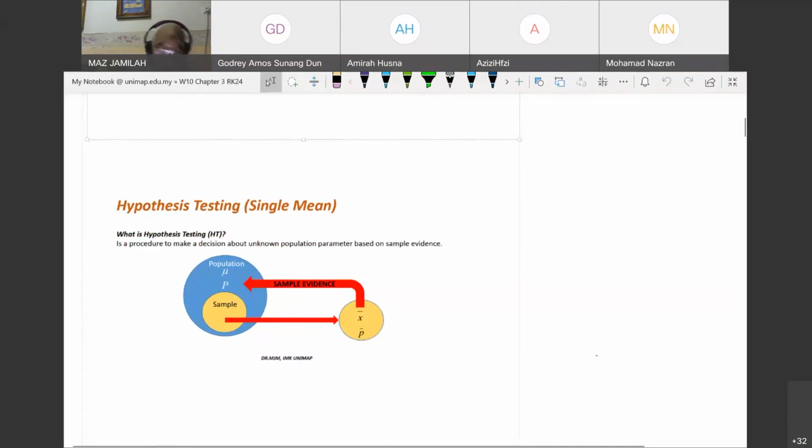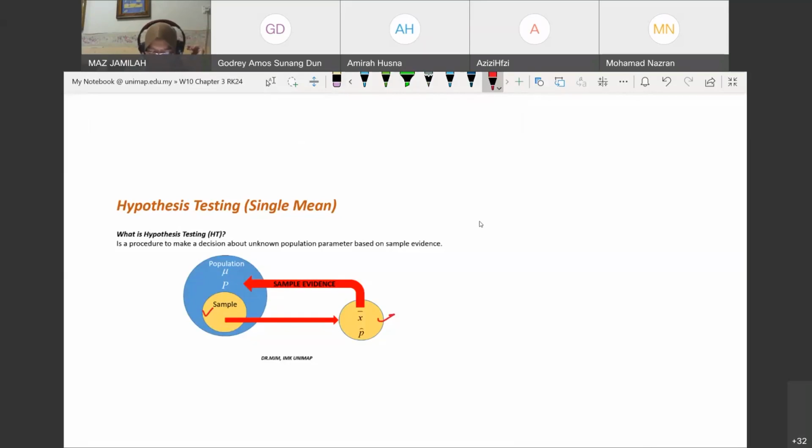So knowing that we have our targeted population and knowing that we have limited time, limited budget, and limited human resource, what we do, we select our sample, and we do some measurement, and we do some data gathering, data summarization, analysis, and everything.